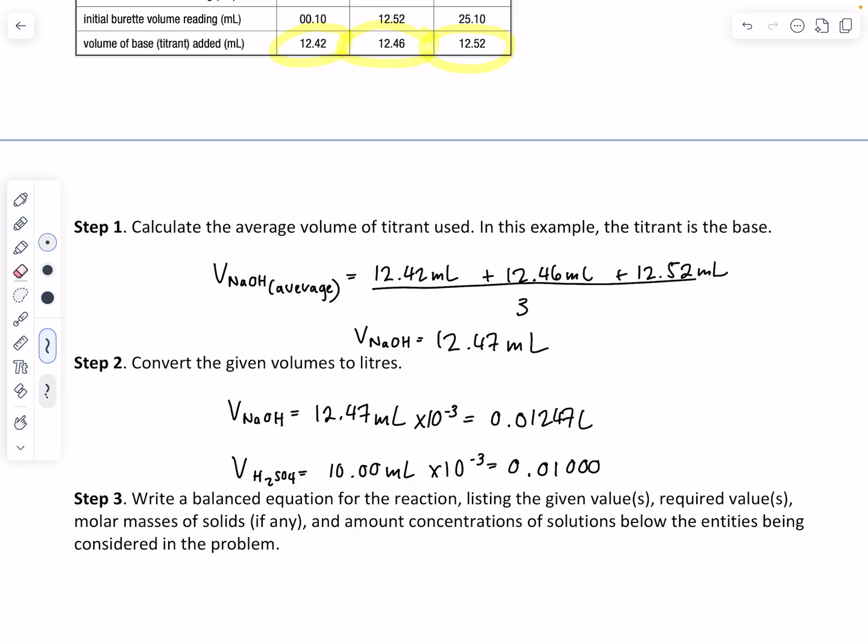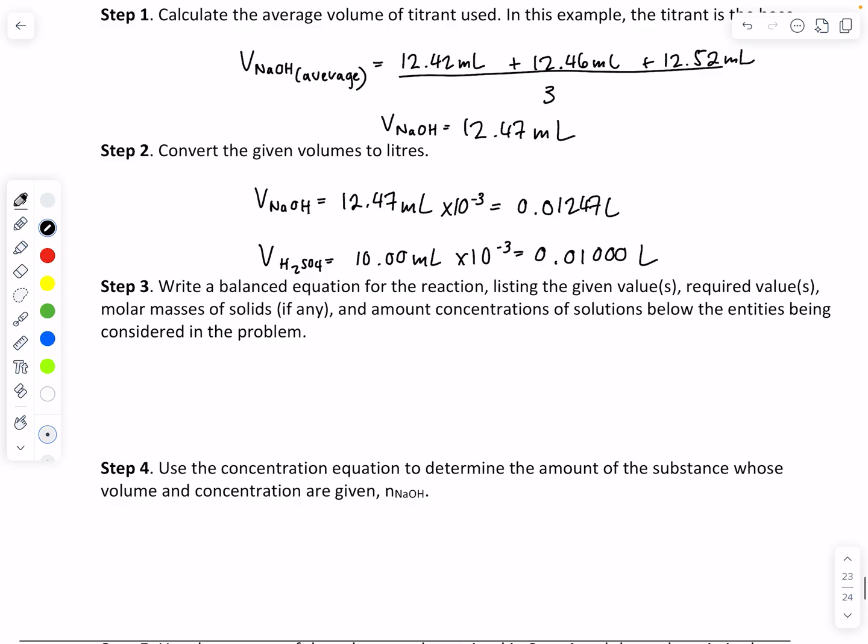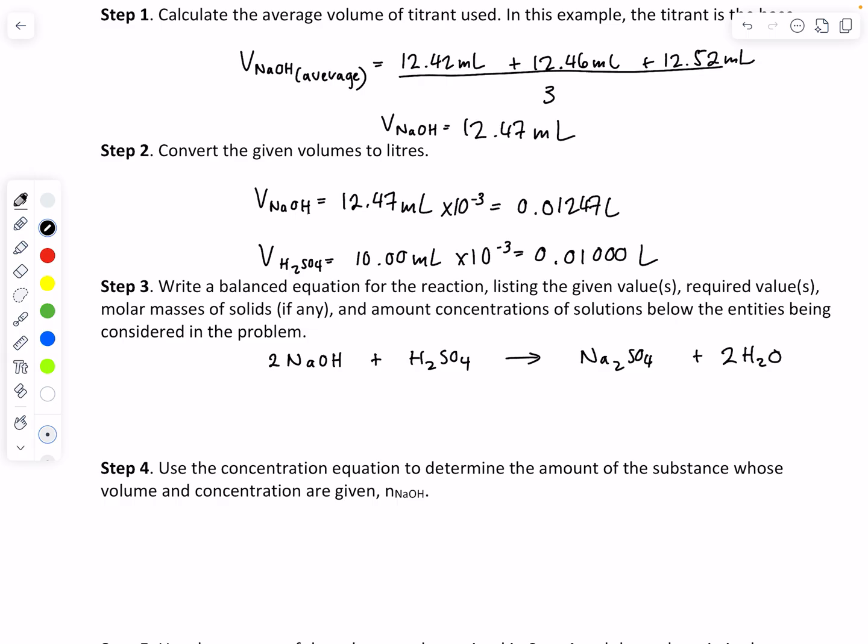Next, we want to write a balanced equation for the reaction listing the given values, the required values, the molar masses of solids, if any, and amount concentration of solutions below the entities considered. So we have 2 NaOH plus H2SO4 produces Na2SO4 plus 2H2O.